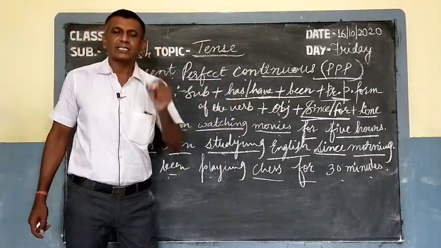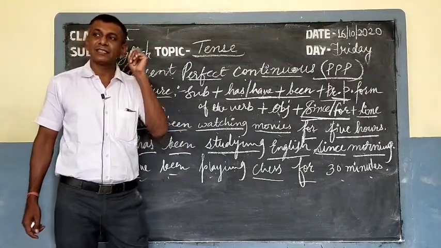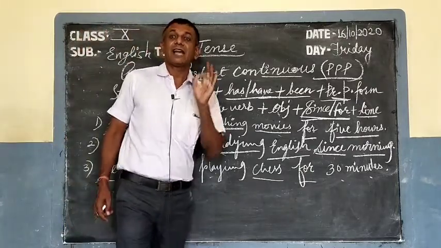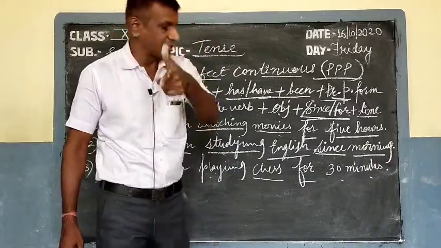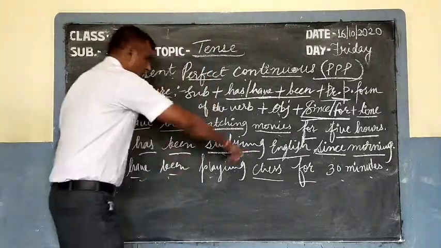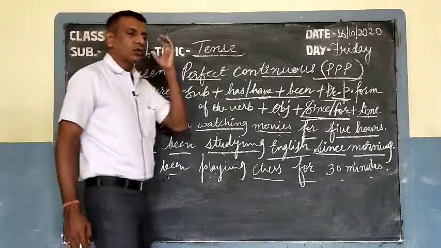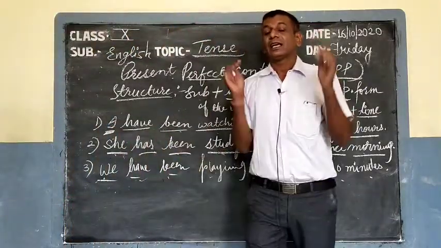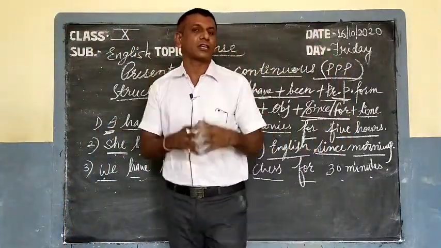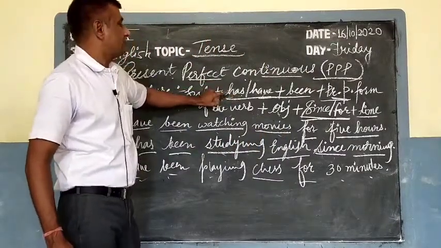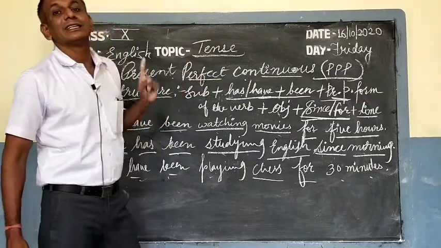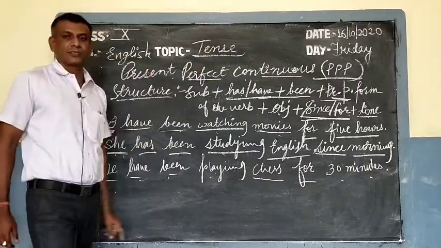Learn the tense, understand the tense, recognize the tense, identify the tense of the sentence. The basic thing is the structure of the sentences. You must know the structure, and with the structure you can tell the tense of the sentence.